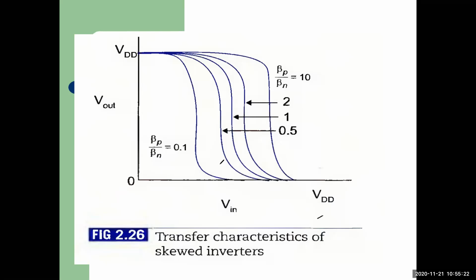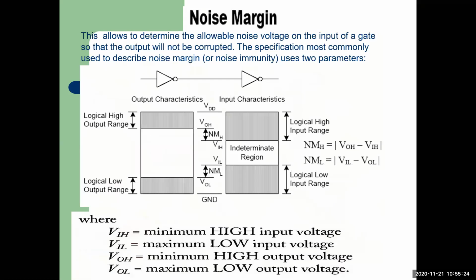Okay, let's talk about noise margin now. Noise margin means, if your graph goes through the middle, what will happen? Here the noise margin is 2.5.